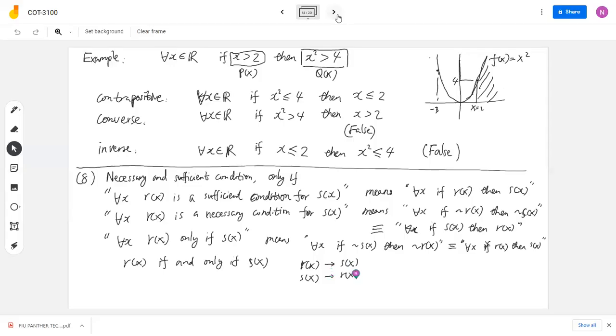That means Rx is equivalent to Sx. And therefore, we sometimes use if and only if to denote equivalency, that the two conditions are equivalent. Okay, let's see an example.